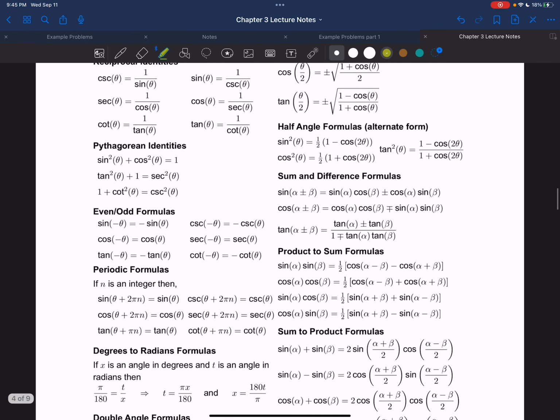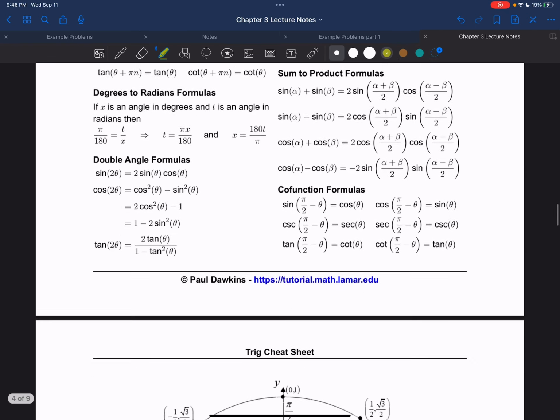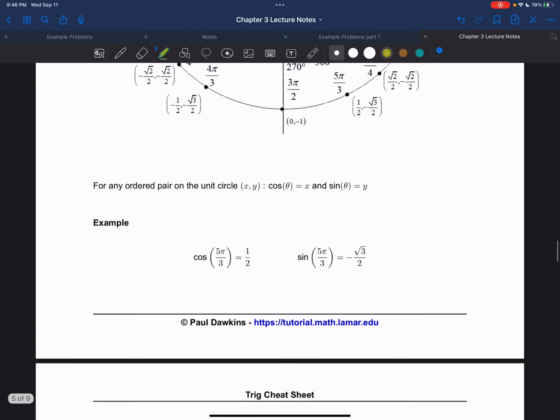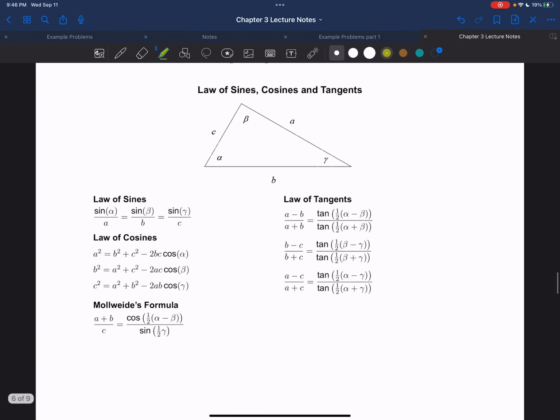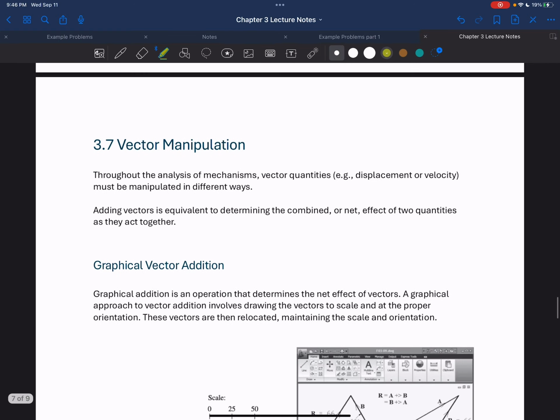I'm never going to remember the sum and difference formulas, the half angle formulas, but they come in very handy when we're solving problems. Again, law of sines and cosines, we're going to use a lot of that.